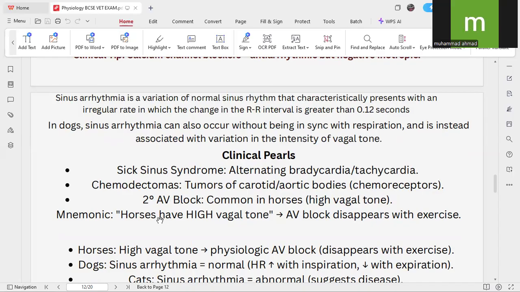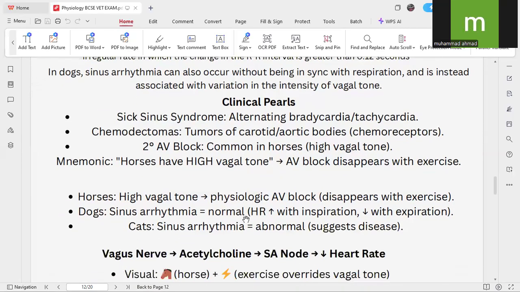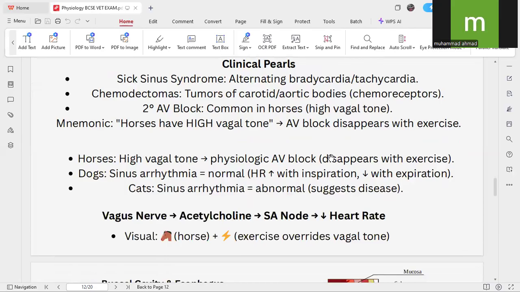Chemoreceptors. Second degree AV block is common in horses due to the high vagal tone. Horses have high vagal tone, so when there is high vagal tone, AV block disappears with exercise.